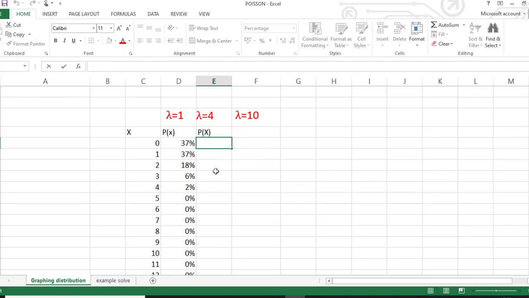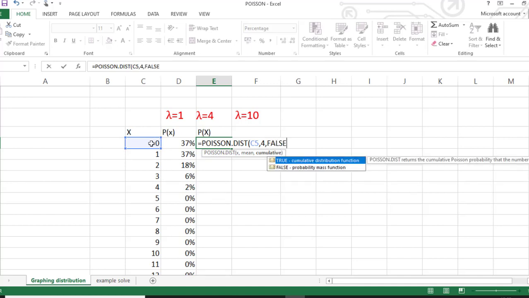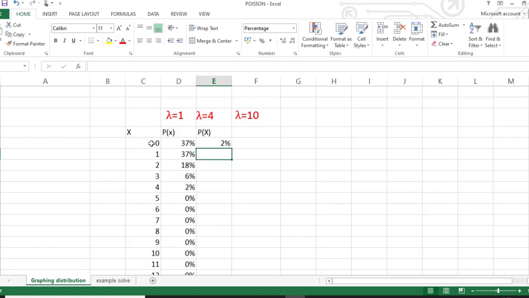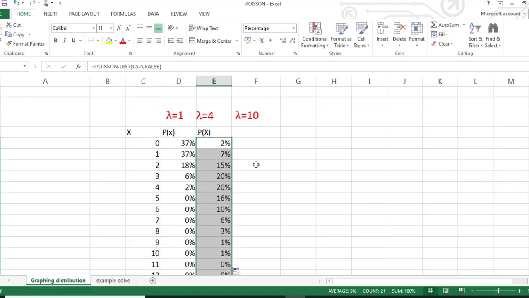So we just need to change the value of mean in the Poisson distribution command. Okay, x is again the same cell, mean would be 4 and the command would be false. So I'm double clicking it to calculate the corresponding probabilities.